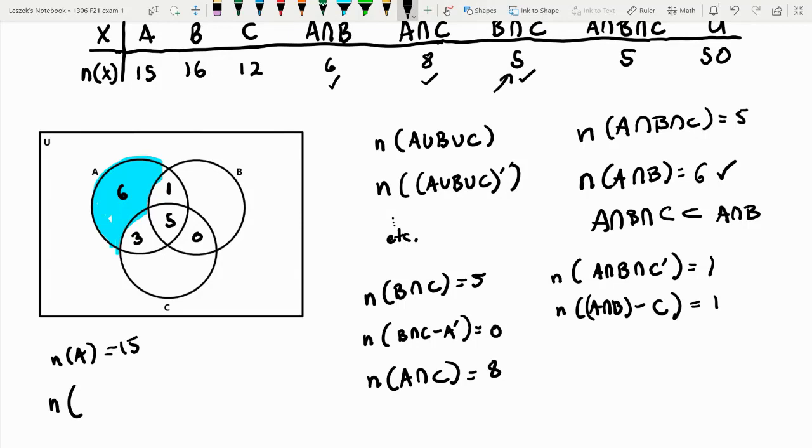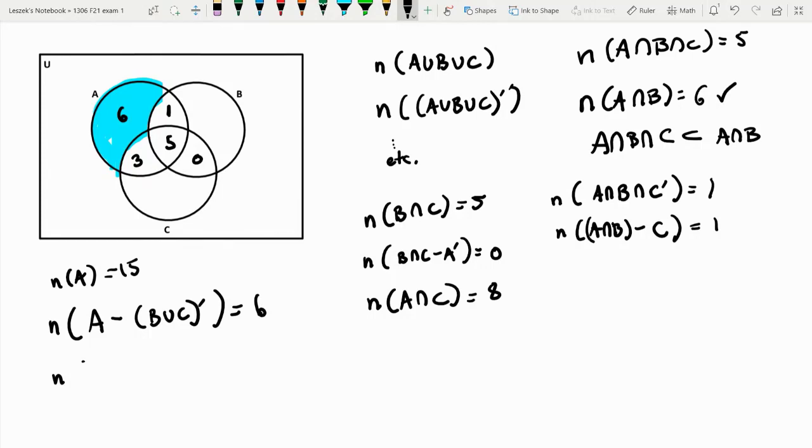Well, you can just literally write that down: stuff that's in A but not in the union of B and C. So this is one way to write it, and that would be 6. Sorry, I messed that up. You can also write this as A intersection with the complement of the union of B and C.